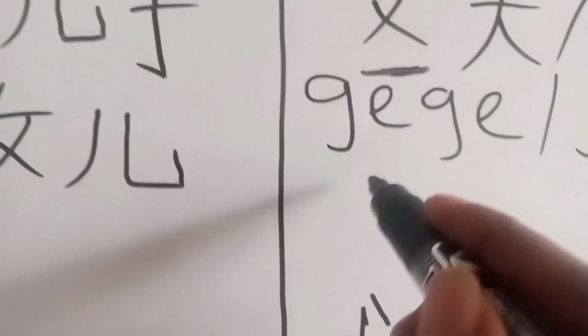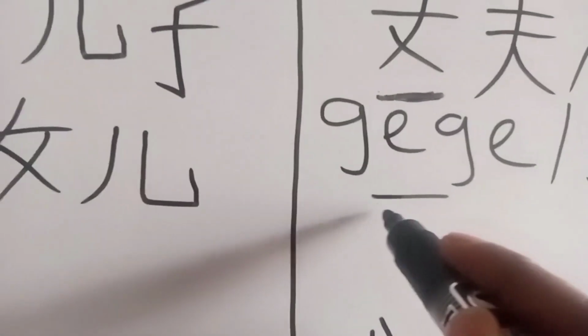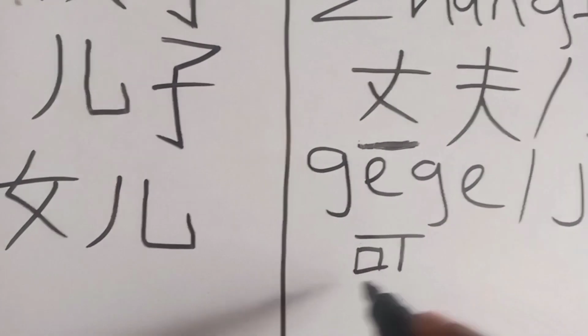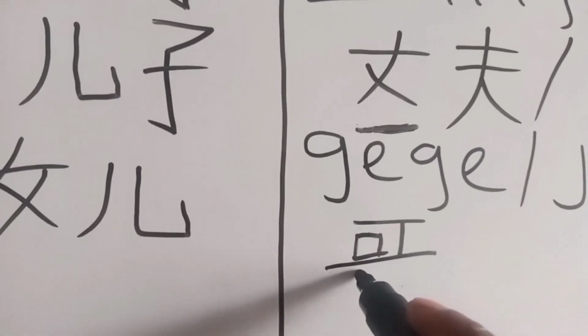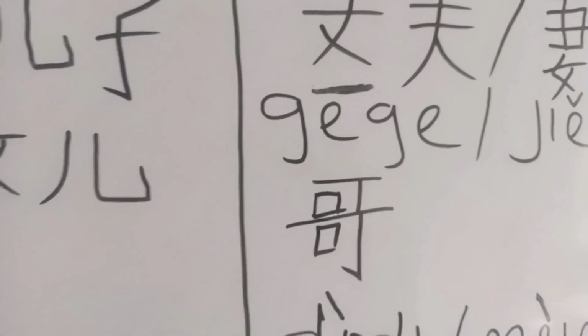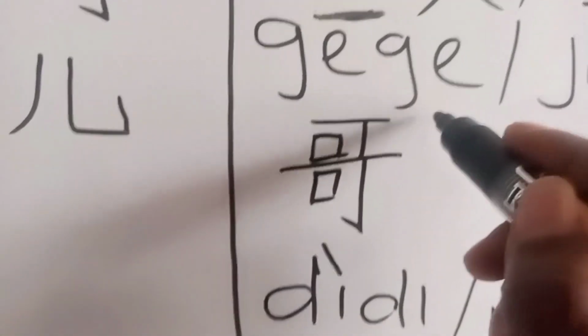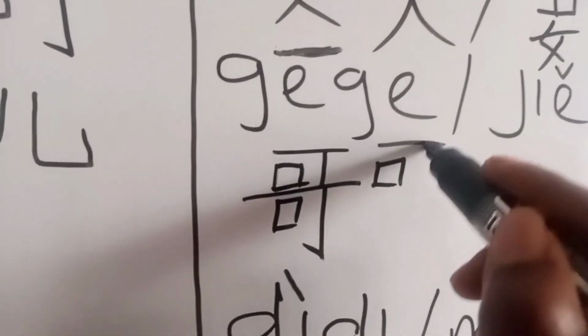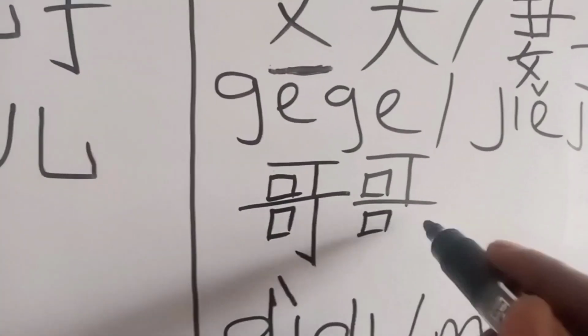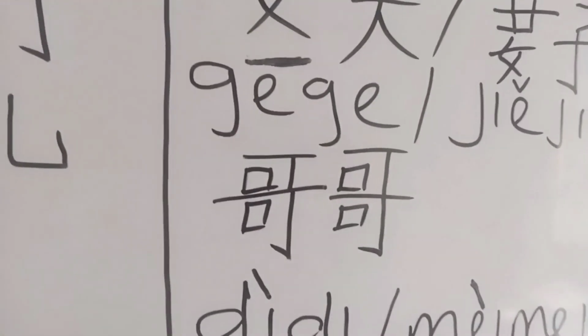See how to write ge. So you repeat this exactly how you did it. Ge.